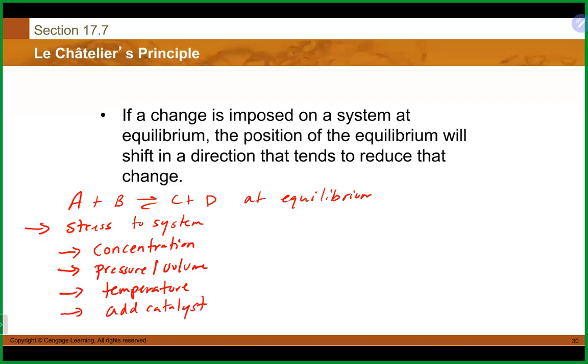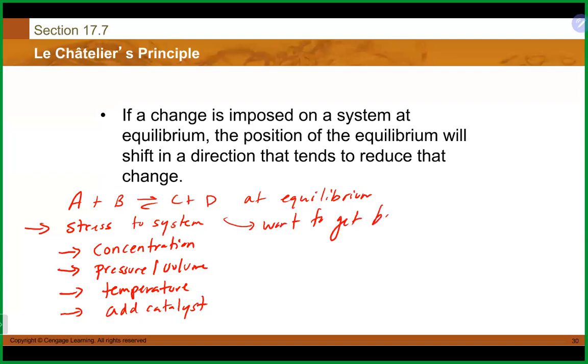So what happens when you sort of stress out a system that's at equilibrium? What's going to happen is it's going to want to get back to that equilibrium state. So you're going to do something to it that's going to screw up the rate of the forward reaction and reverse reaction being equal to each other. And it's going to want to get back to that.